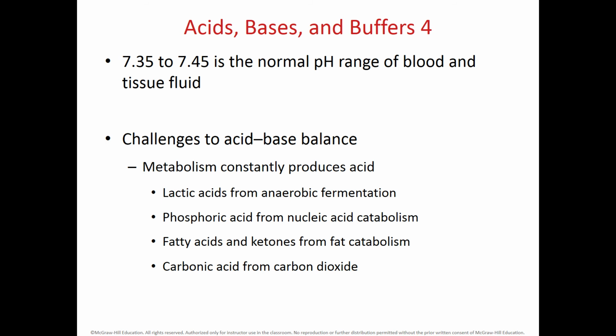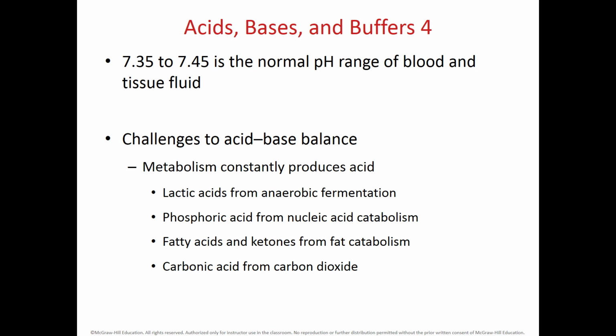Another part of the metabolism of our body that can generate acids or challenge the acid-base balance is the creation of phosphoric acids from the metabolism of nucleic acids, which hardly will happen. Well, it happens, but very rarely.